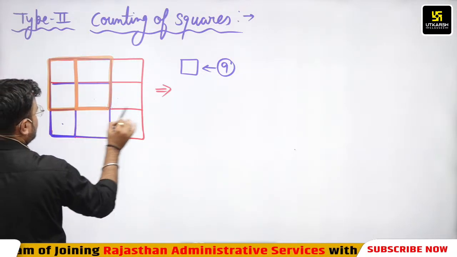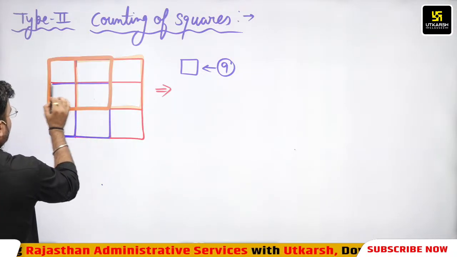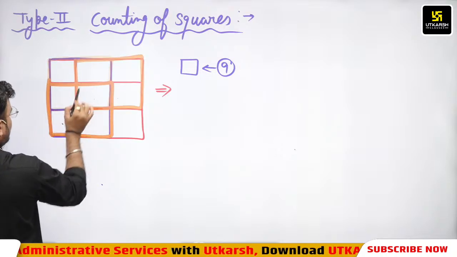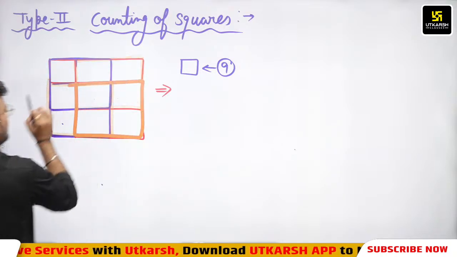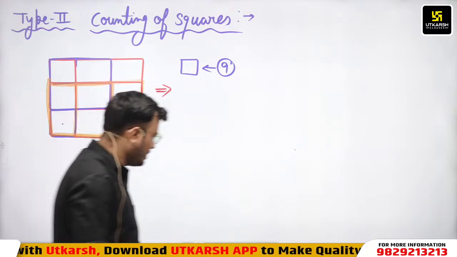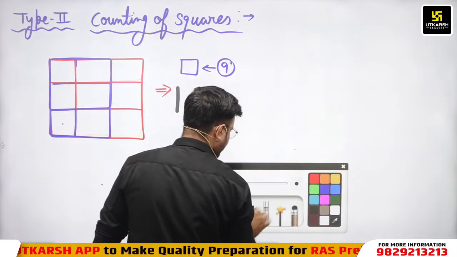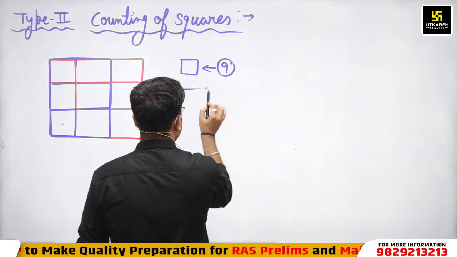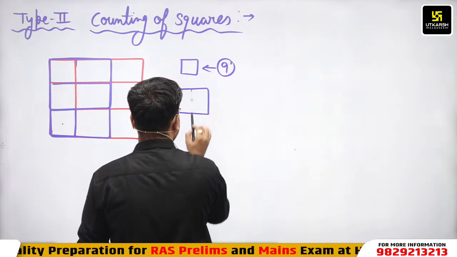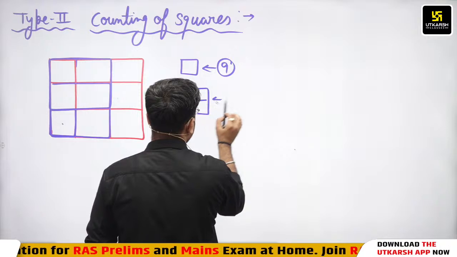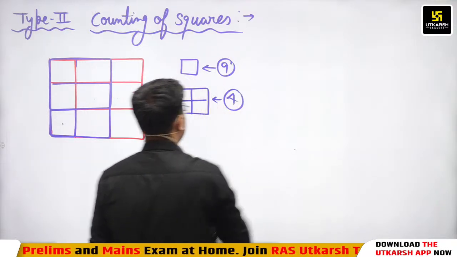This is the second one. This is the third one. And this is your fourth one. Now I hope you are able to figure out these type of squares. So total how many squares are there? Total 4 squares are there.